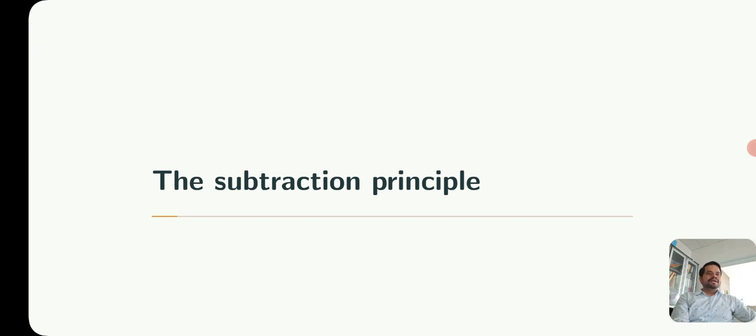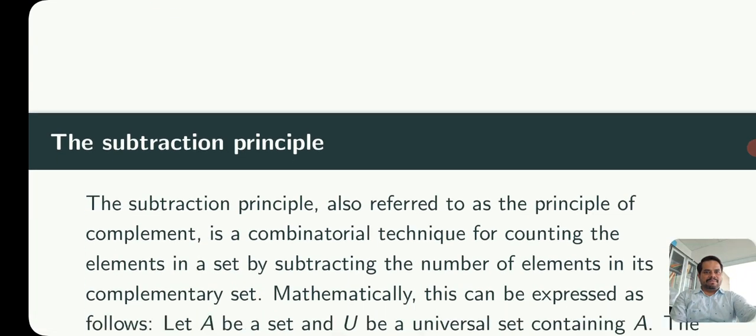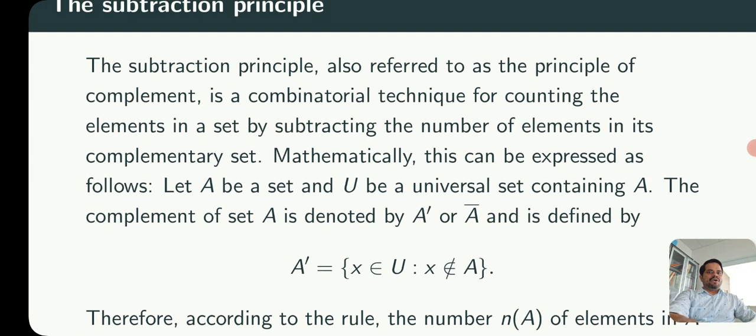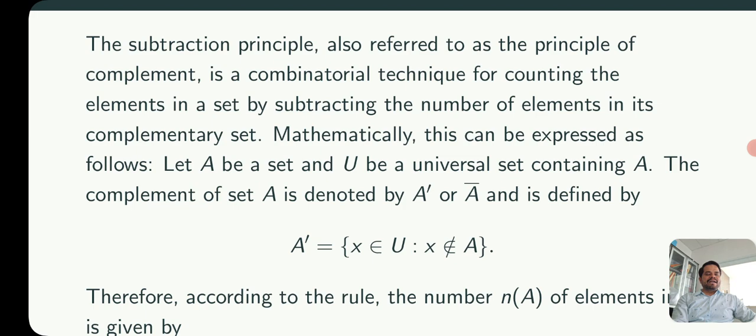So formally, the principle says: let A be a set and let U represent a universal set that contains A. The complement of set A is denoted by A dash or A bar, and it is defined as A dash equals the set of all x such that x belongs to U and x does not belong to set A. So this set is the complement of A.